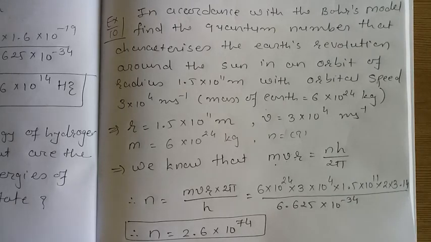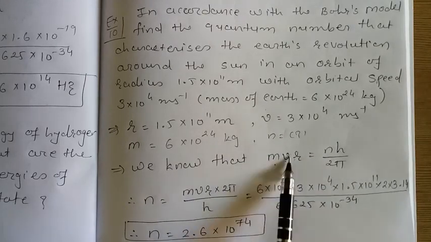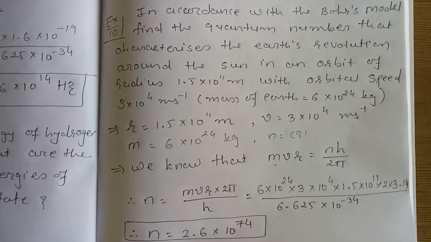From Bohr's hypothesis, we already know that mvr is equal to nh upon 2 pi. We know the value of m, v, r and h. So here we formulate n. So we get n is equal to mvr into 2 pi divided by h. So by putting the values of m, v, r, pi and h, we get n is equal to 2.6 into 10 raised to 74. Okay, thank you.